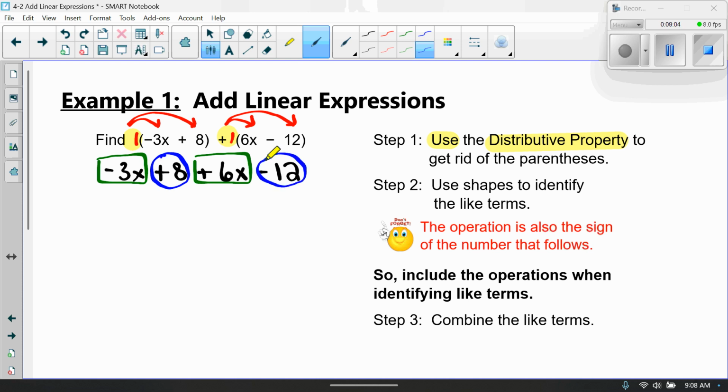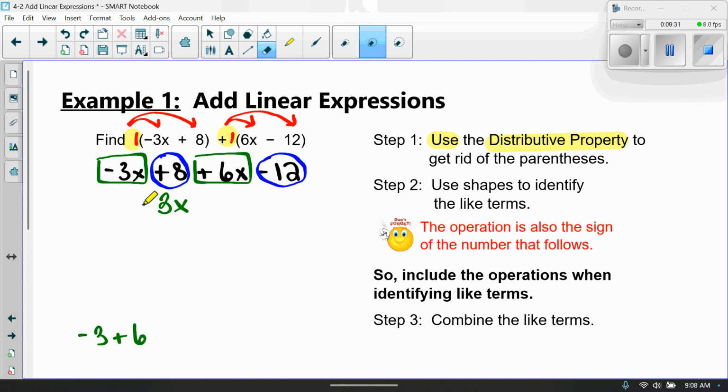So we're going to add up the green rectangles and we're going to add up the blue circles. Okay? So a negative 3x plus 6x. So negative 3 plus 6. That's going to give us a positive 3. So this is going to be a positive 3x. Do I have to put that plus in the front?